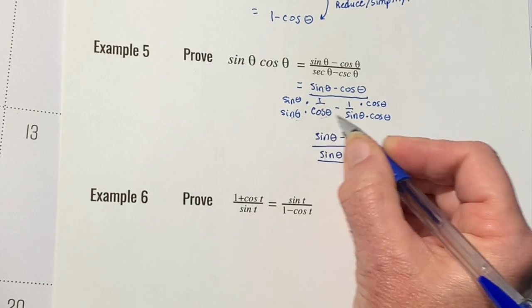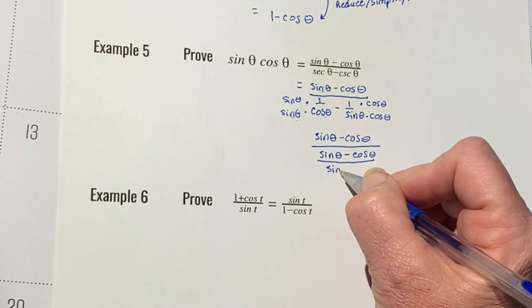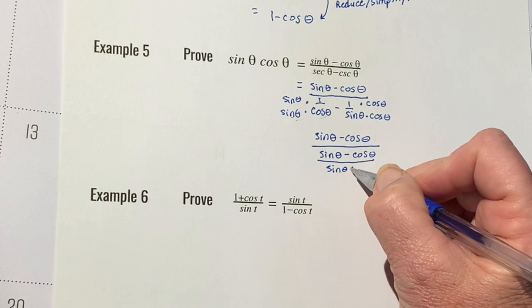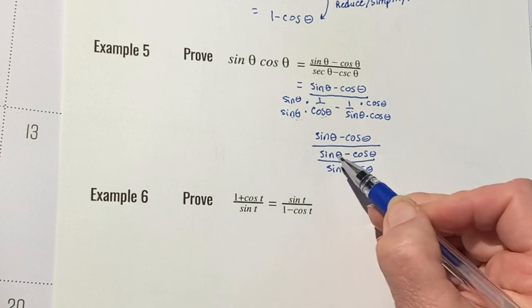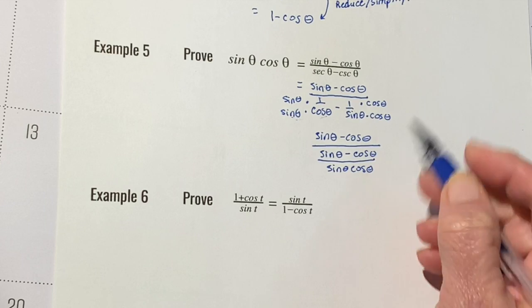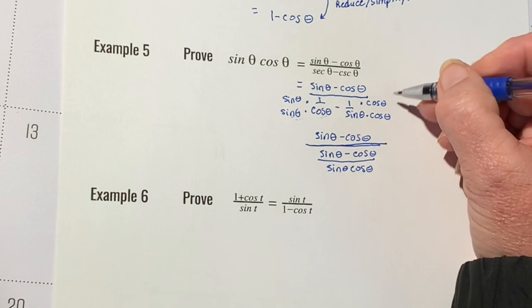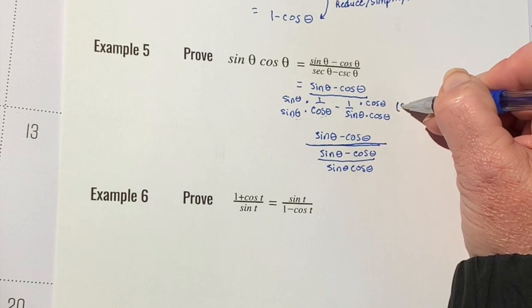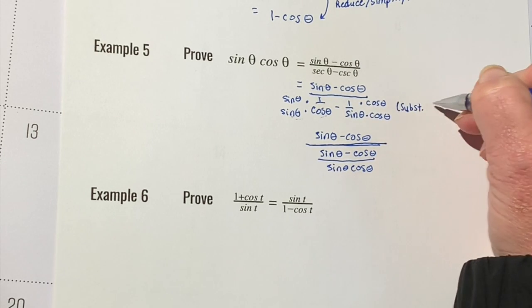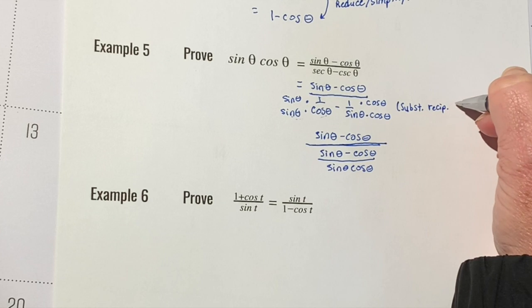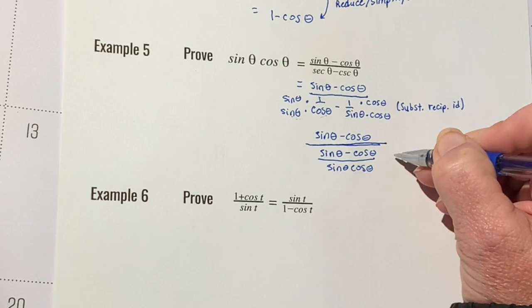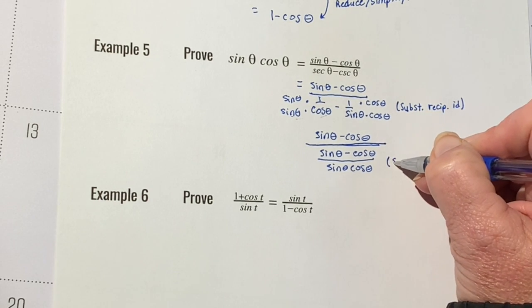Since the denominator is the same, I'm going to put one denominator under them, so I'll have sine minus cosine over sine times cosine. So all I've done so far is substitute reciprocal identities, and then I combined the fractions, just subtracted the fractions.